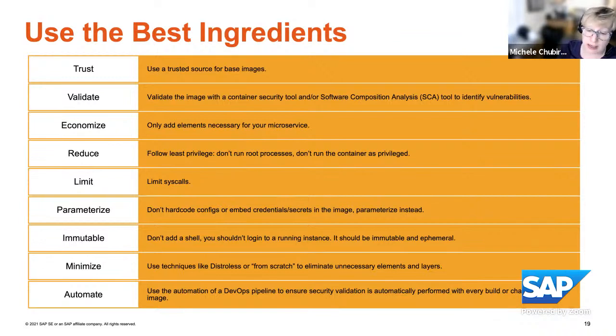You shouldn't be logging into a running instance. You want to use techniques like distroless or from scratch to minimize and eliminate unnecessary elements and layers. And automation: it's really beneficial to automate your containerization deployment, because you have the ability to use separation of duties and least privilege through your automation system. It's great.